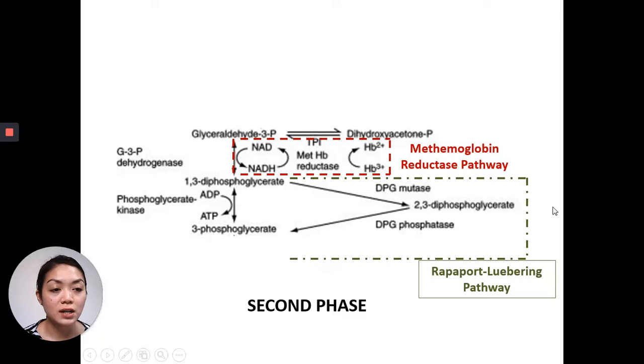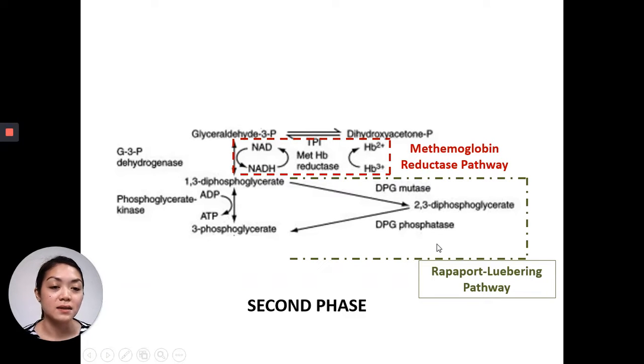The second diversion is the Rappaport-Luebering shuttle or pathway. In here, from 1,3-BPG, BPG mutase converts it to 2,3-BPG. Take note that the new name is BPG. In this illustration, it's the old name, DPG, but it's now BPG. So 2,3-BPG can be used by our cells in modulating oxygen transport, or it can be broken down further back to 3-phosphoglycerate via the enzyme phosphatase.